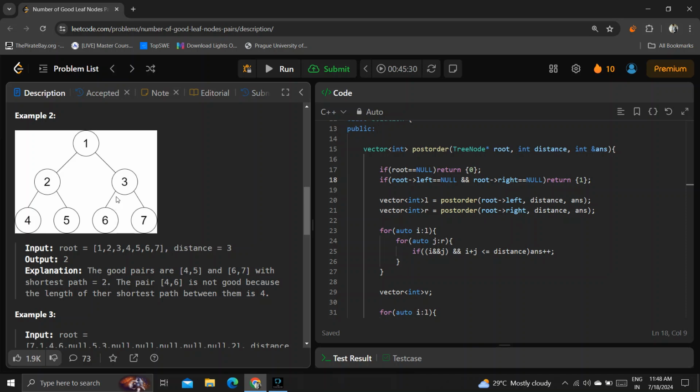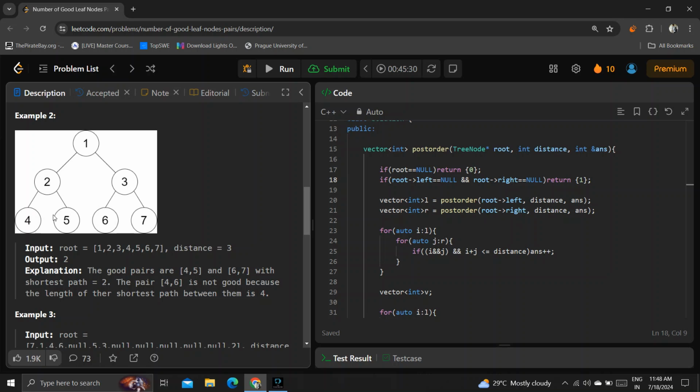Now if I get multiple distances from here also, multiple paths, that are also less than or equal to 10, that could be our answer. So basically we have to keep track of all the paths.